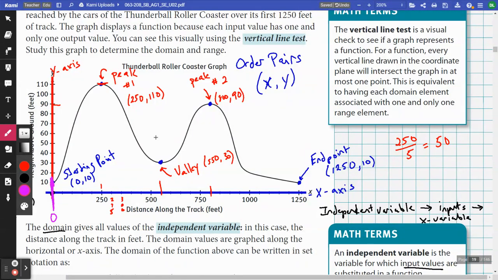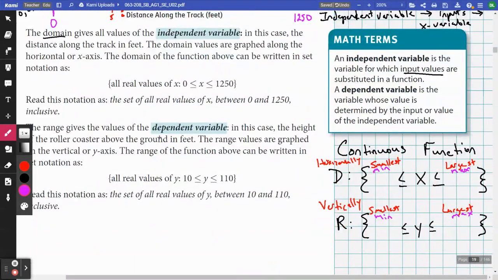Well, how far to the right does it go? 1250. And because it's a line, it fills in the entire gap from left to right. So I would write 0 and 1250. That's how they got this as their domain.